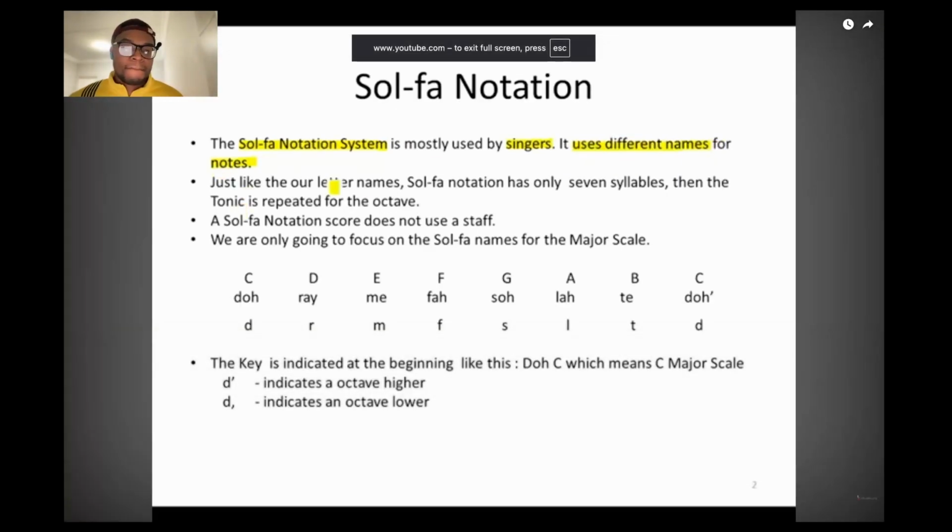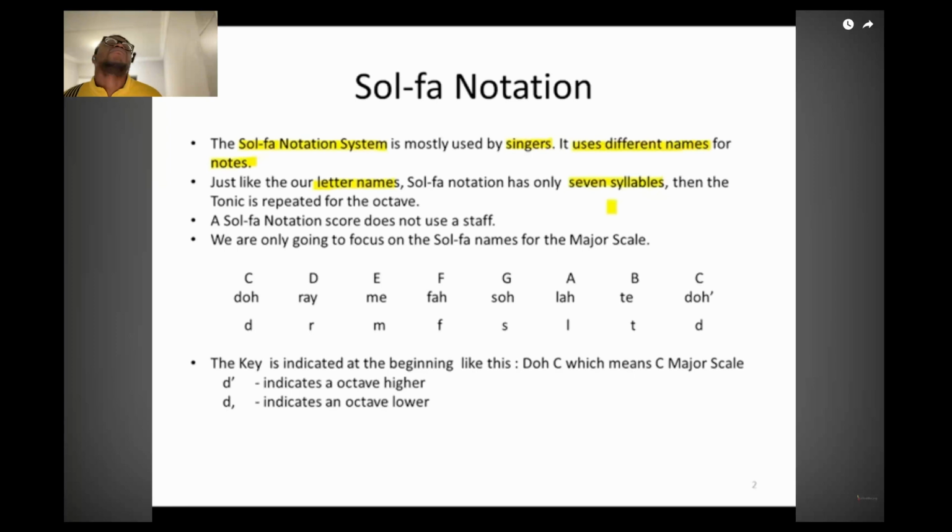So just like our letter names, Sol-Fa notation also has only 7 syllables. Then the tonic is repeated for the octave. Sol-Fa notation does not use a staff, and we are going to focus on the Sol-Fa names for the major scale for this grade.